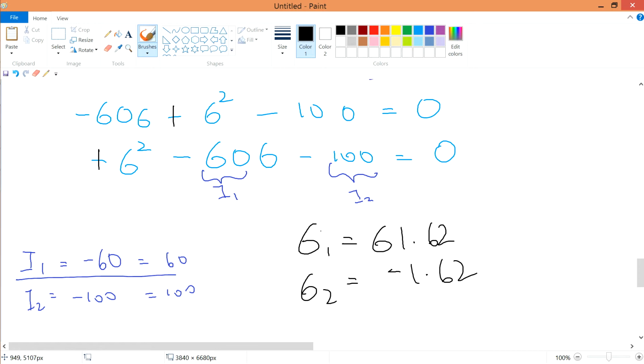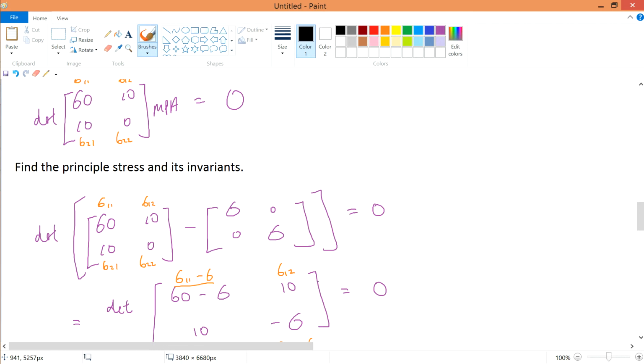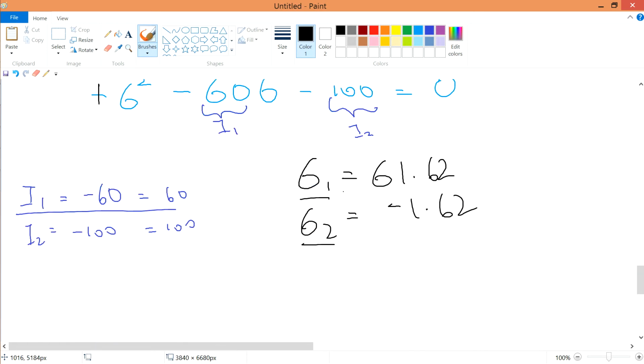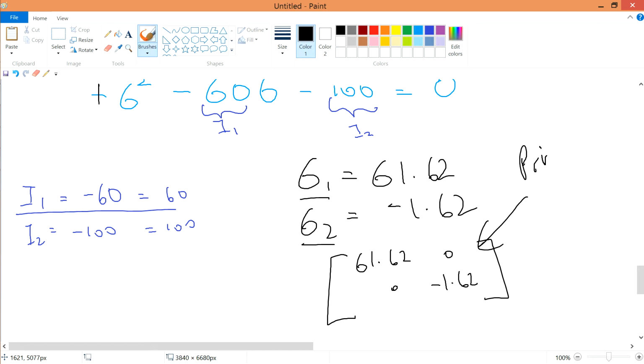So this sigma 1 and sigma 2 will represent our principal stress. And if I were to write it in terms of a matrix, what I would have is 61.62, minus 1.62, 0, 0. And therefore this is our principal stress.